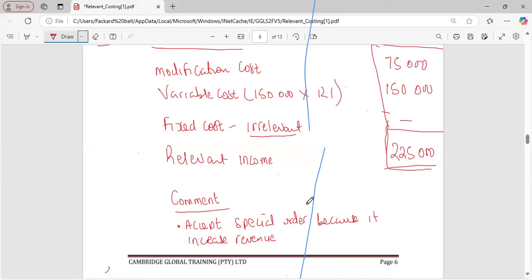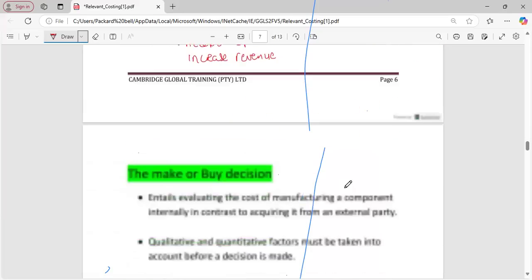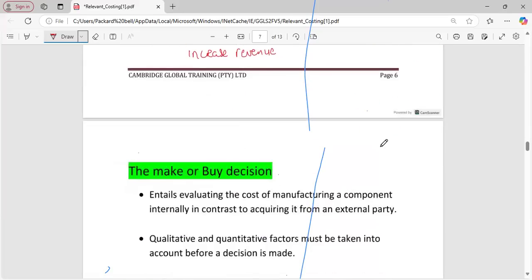So that's why I was saying, in your maths, understand the topic. Remember, these things are different as the topic. Here we are talking of relevant cost. You will see that when you do a topic like performance management, I think we'll do this as our last topic for management costing.